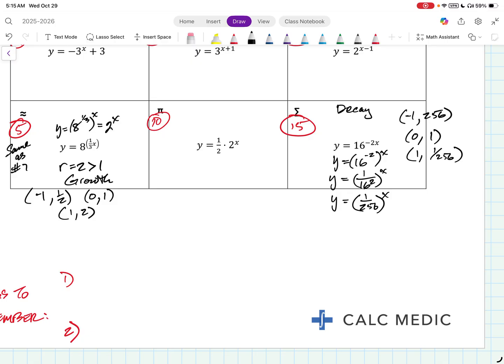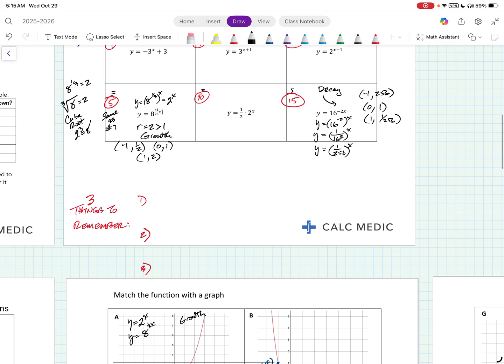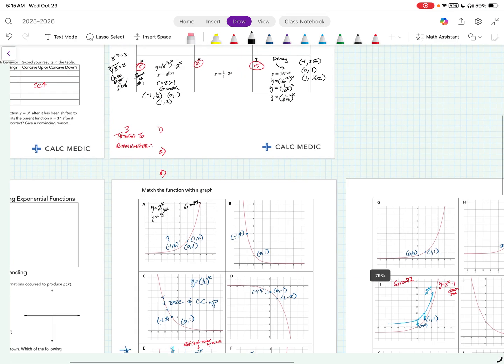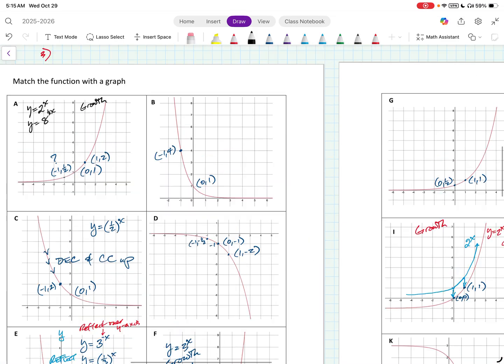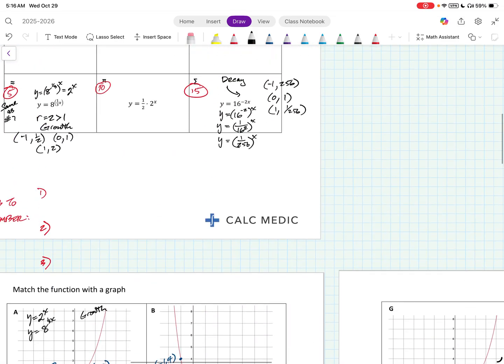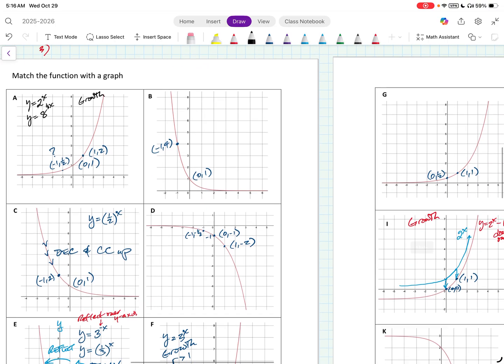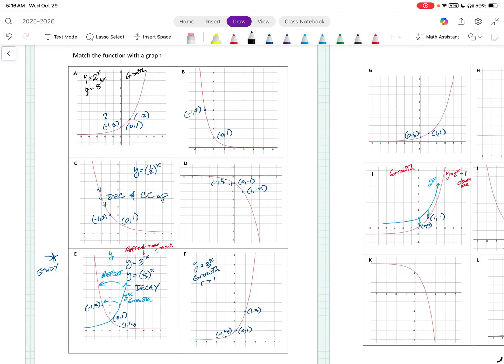It's a very small number. And it is a decay function, so it goes down like this. So let's figure this out. It's got to go through 0, 1 and 1 comma 1/256. Holy cow. So decay.